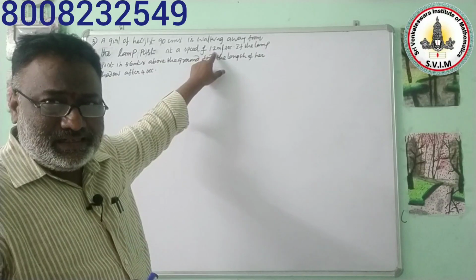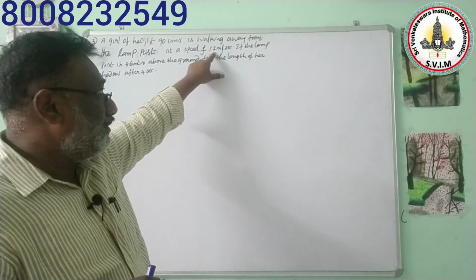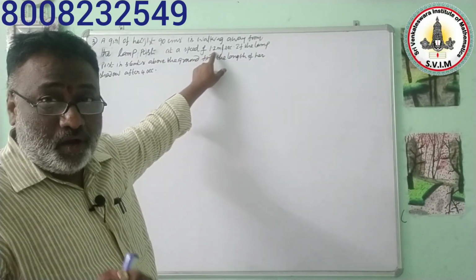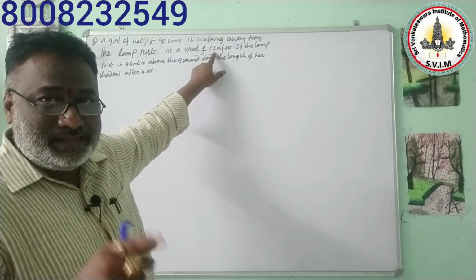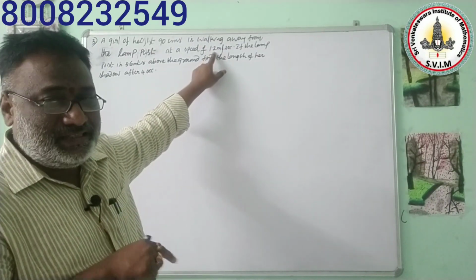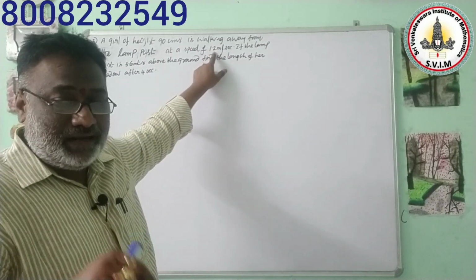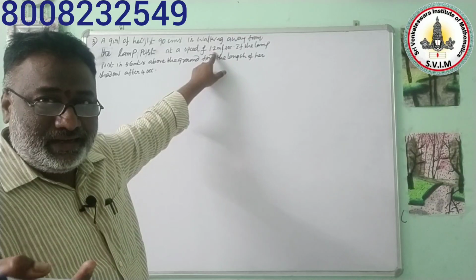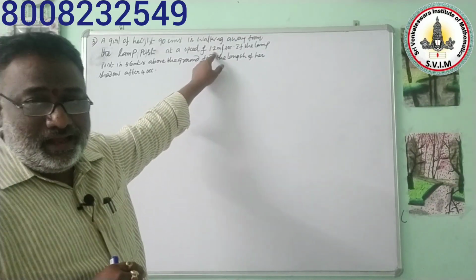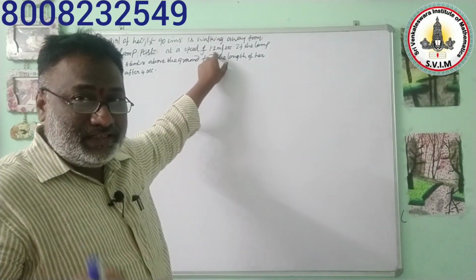To find the distance, the time must be given: how many seconds, minutes or hours she traveled. That you must be given in the problem. Otherwise it is not possible to find the measurement of the line segment, that means distance.